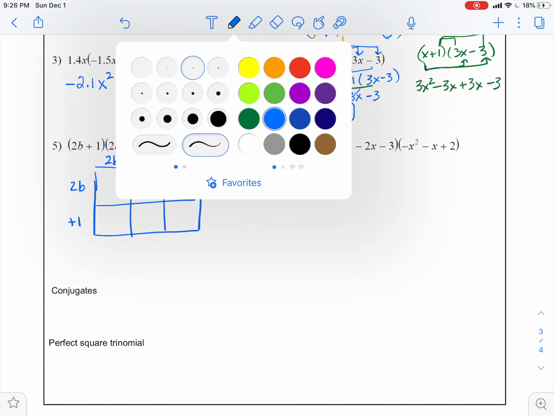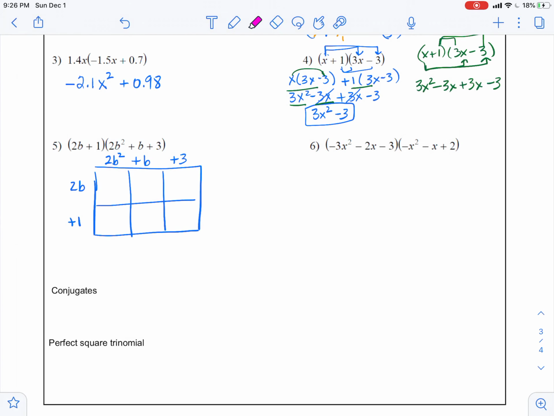So again, I'm doing the box. Let me get a light color here. And so what I'm basically doing is finding the area of this box. And so that would be length times width, which would be 2b times 2b squared, which would be 4b cubed. Okay, and then I'm just going to continue that.